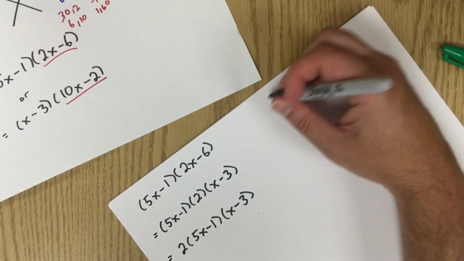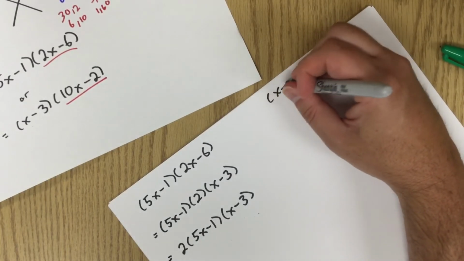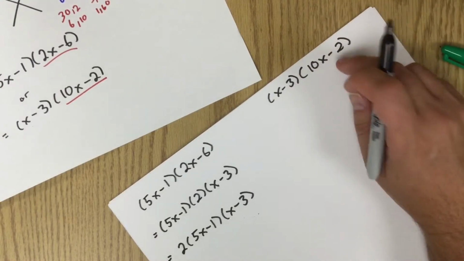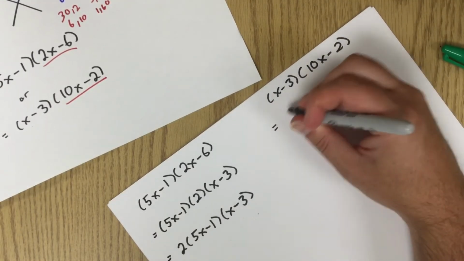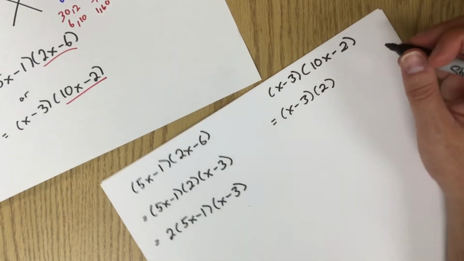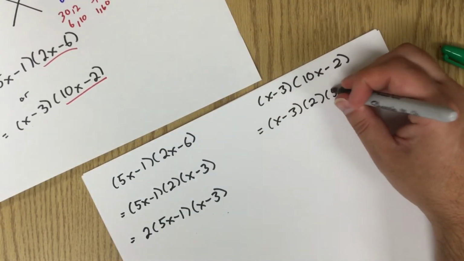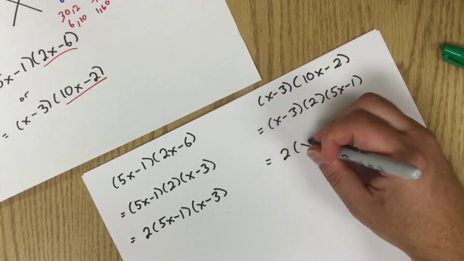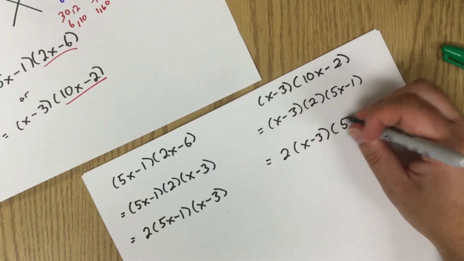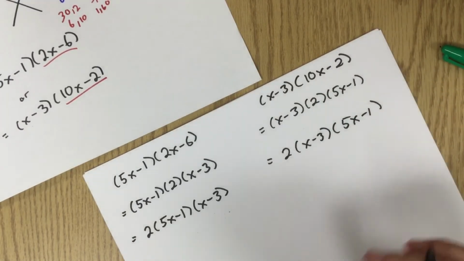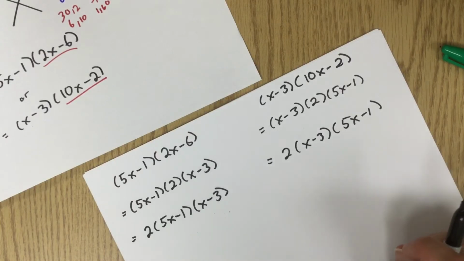And our other answer was x minus 3 times 10x minus 2. Again, there's a common factor of 2 in that second bracket. 2, 5x minus 1. Bring the 2 to the front. And you'll notice if we factor it correctly, so if we pull out all the common factors, we get the same answer either way.